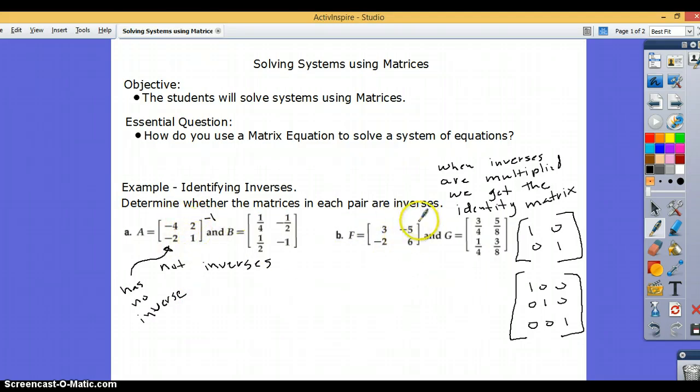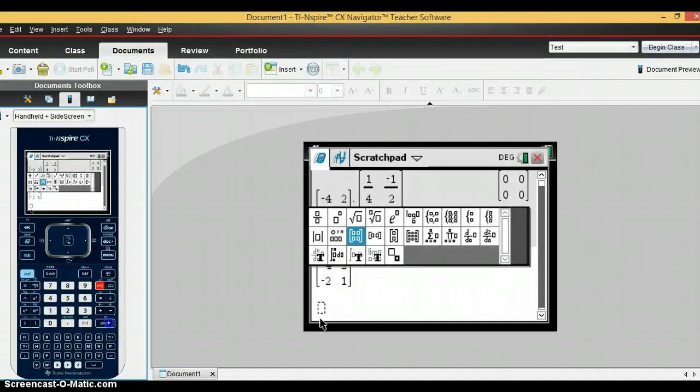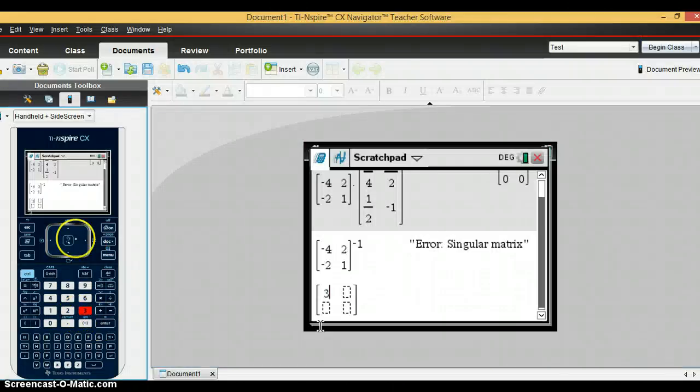So if we take this one, raise it to the -1, so again we're dealing with a 2 by 2, and our numbers are 3. Below that we have -2. Over here we have -5, and then we have +6.